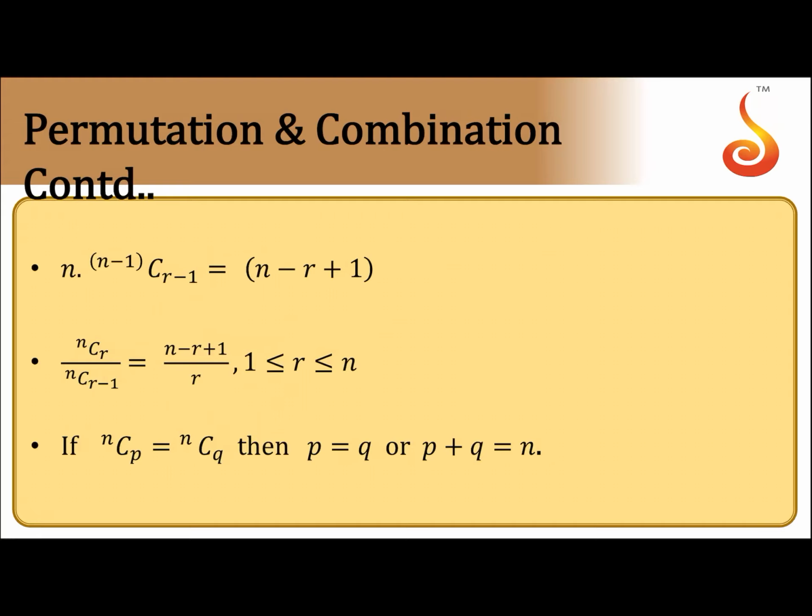Two more important formulae: nCr by nC(r minus 1) equals (n minus r plus 1) by r, and nCp equals nCq implies either p equals q or n equals p plus q.